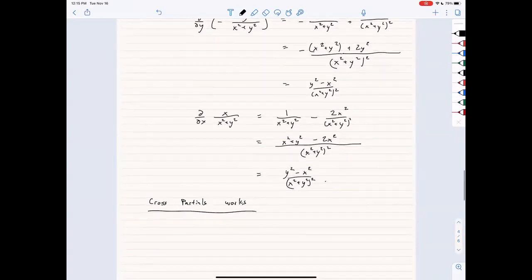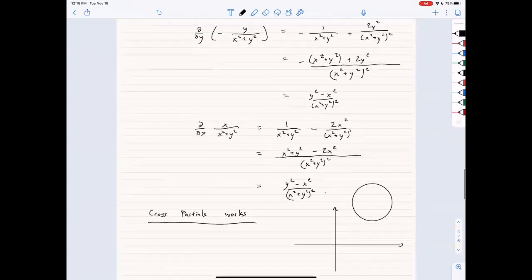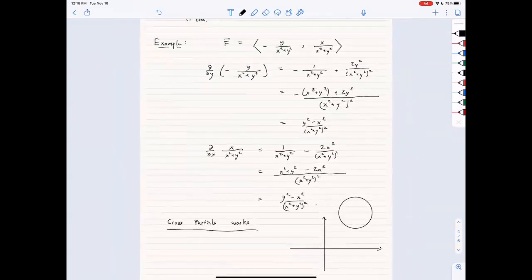Let me draw a graph here. I'll tell you some things I know. If I take a circle out here, like that circle, oriented either way, and I take the integral of this vector field F that we're looking at along that circle, I'll get 0 for sure.